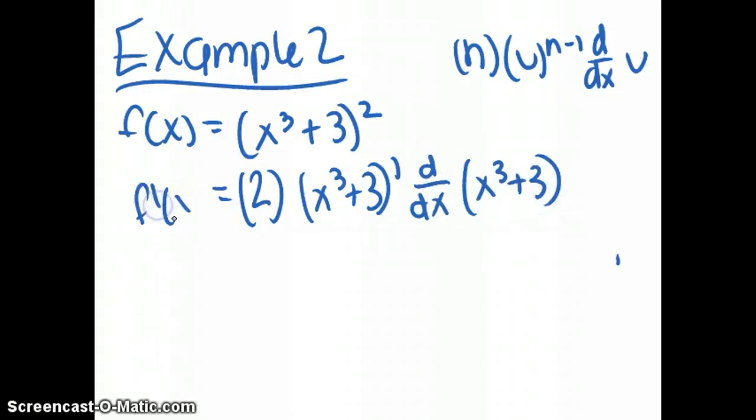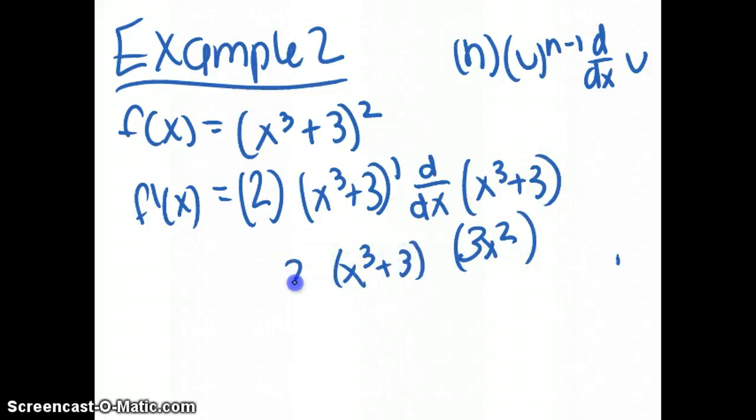so the derivative of x to the 3rd is 3x squared. And the derivative of 3 is 0 because it's a constant. So then we simplify it to be this: 2 times x to the 3rd plus 3 times 3x squared.